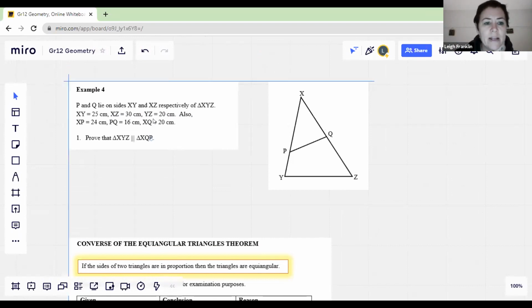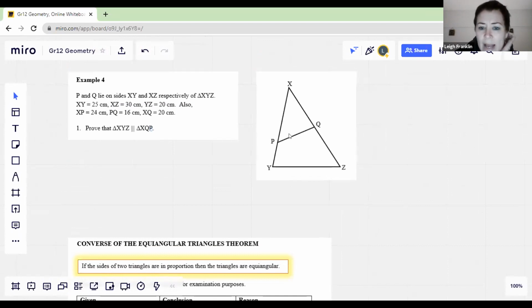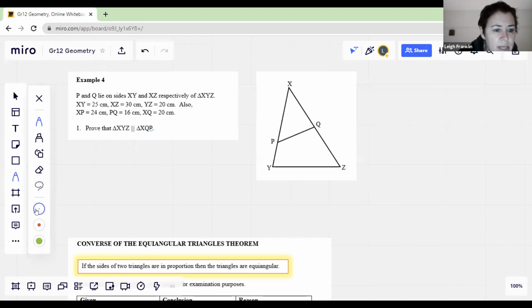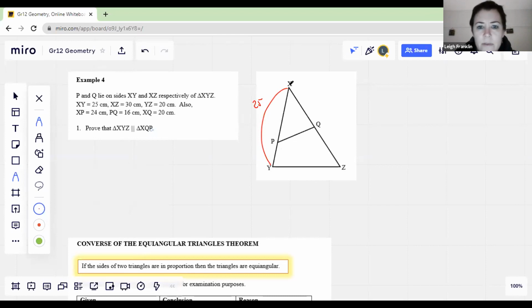So if you have a look at example 4, they tell us that PQ lies on sides XY and XZ respectively of triangle XYZ. And now they give us some sizes. XY is the whole thing, so XY is 25. XZ is 30.